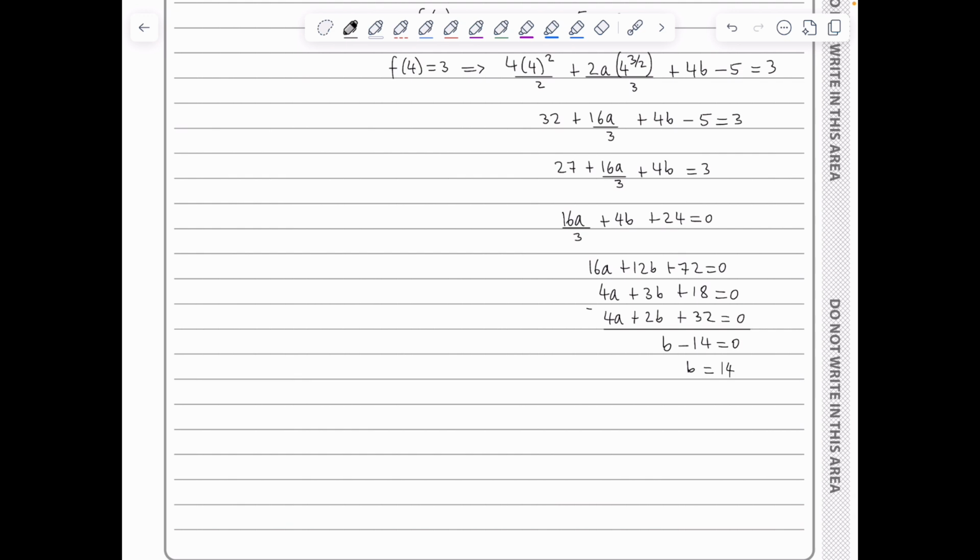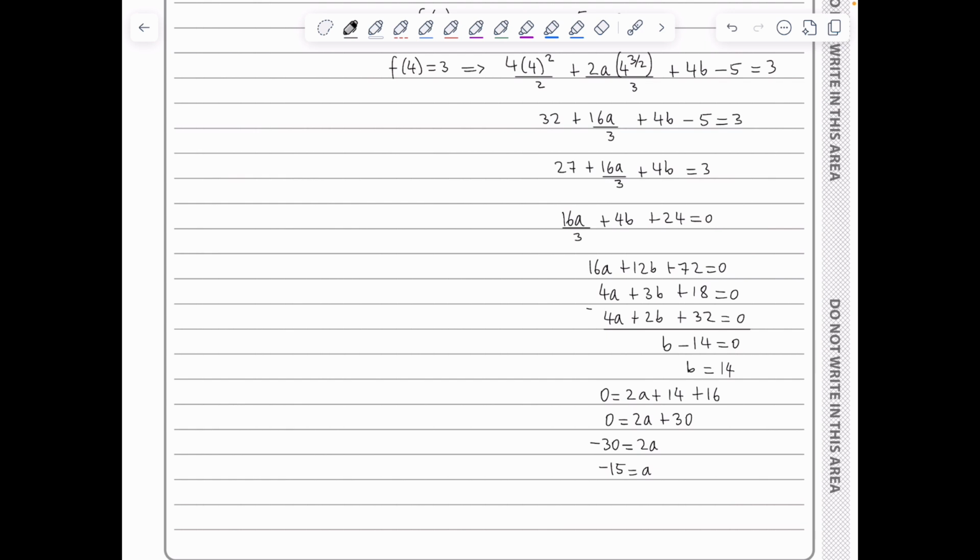I will now proceed in finding the value of a. So we've got 0 is 2a plus b plus 16. So we get that 0 is 2a plus 30. Negative 30 is 2a, which means that a is negative 15.